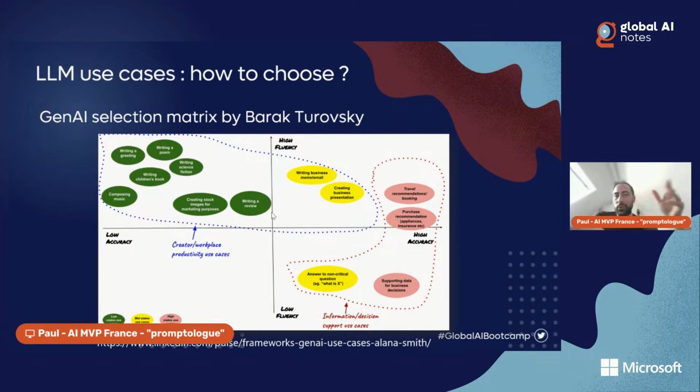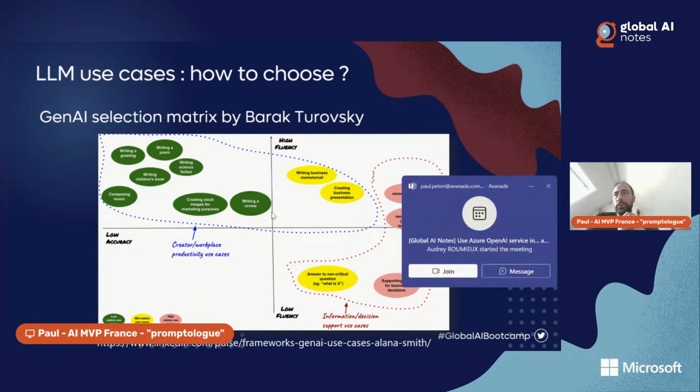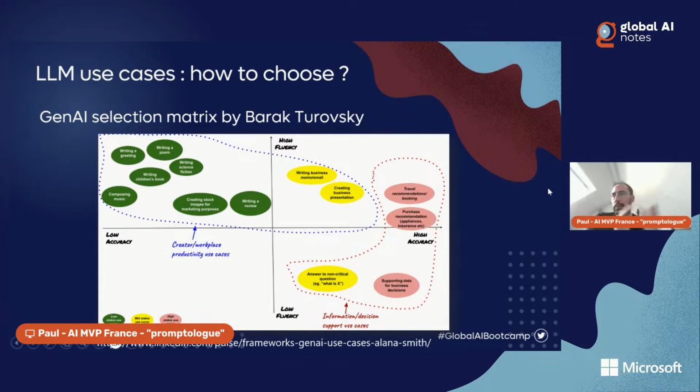So fluency is the capability to talk together, one human and a large language model, and it's better for your use cases if you need to have a conversation, if you need to engage with language around the use case.